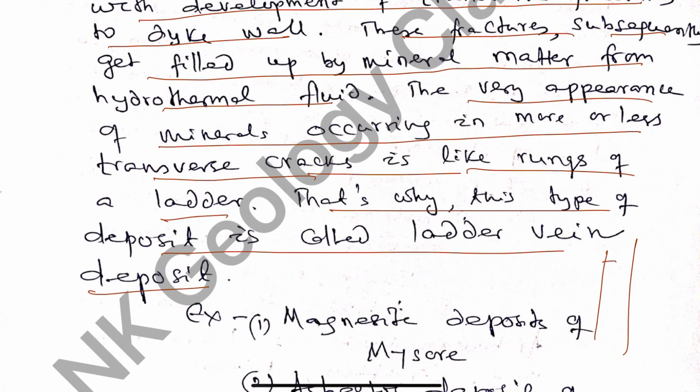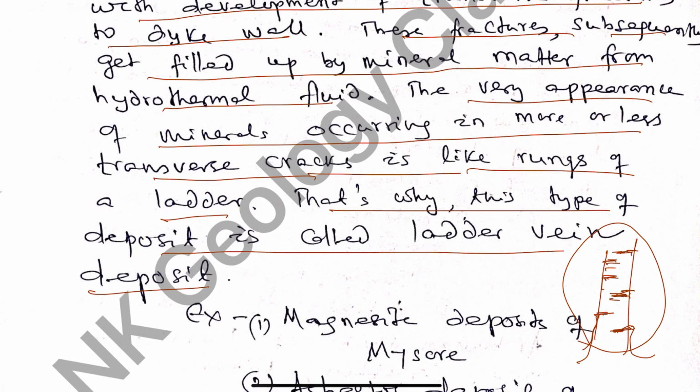Intrusive dikes develop transverse cracks, and the ore-bearing fluid passing through these gives rise to an economic mineral deposit in these cracks. So these transverse cracks present in the dikes are filled by mineral matter, and this gives rise to a ladder-like appearance.